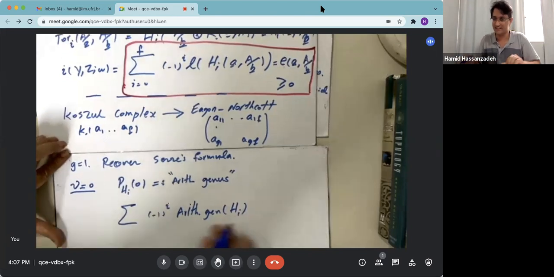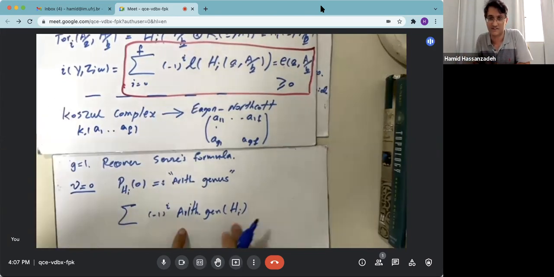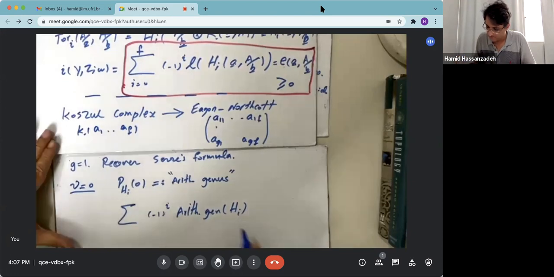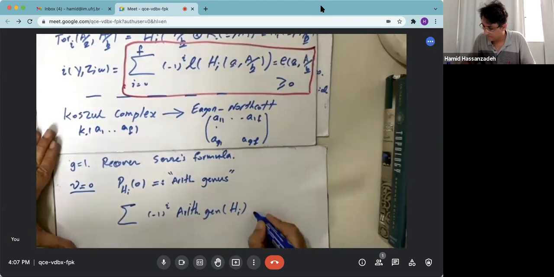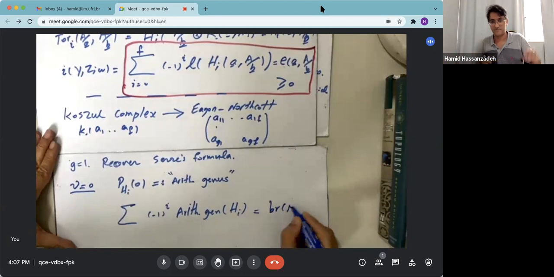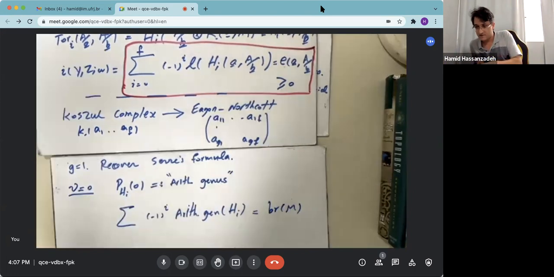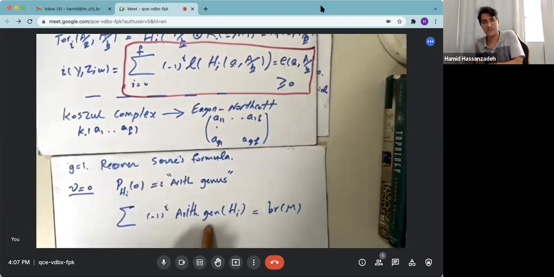It's not killing us, but I will correct this wrong notation later. I would say this is the arithmetic genus explanation of the Buchsbaum-Rim multiplicity.